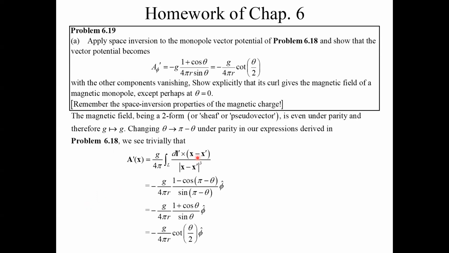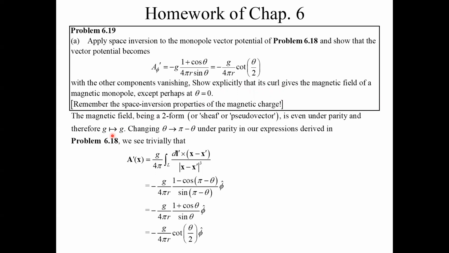And for 19, part A, apply space inversion to the monopole vector potential of problem 18 and show that the vector potential will be like this, and show explicitly that its curl gives the magnetic field of a magnetic monopole, except perhaps at theta equals 0.